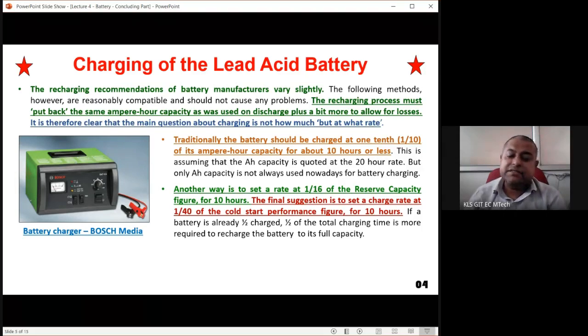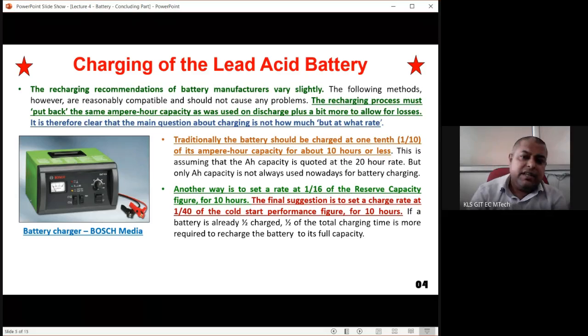If a battery is already half charged, then less charging time is required to recharge the other half. From 50% to 100%, we won't have to charge it for 10 hours, but for 5 hours. If the battery is 70% charged, we will not require another 10 hours, but another 3 hours, because the remaining 30% needs 3 hours.